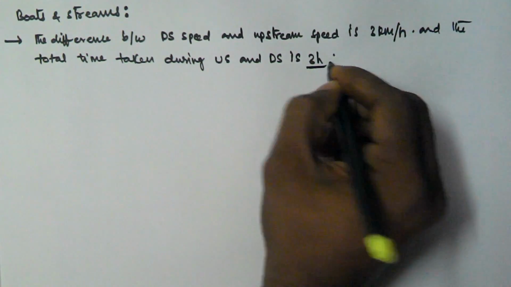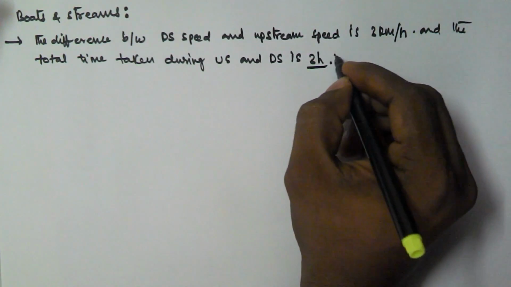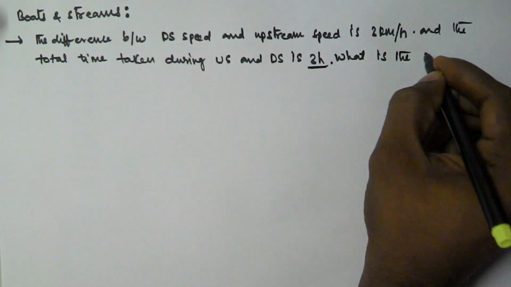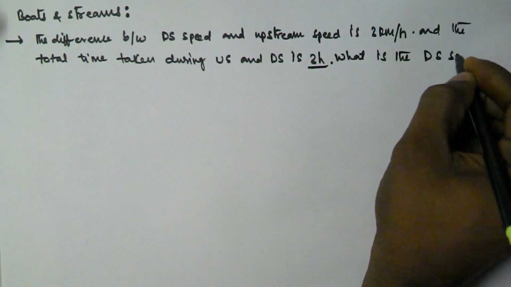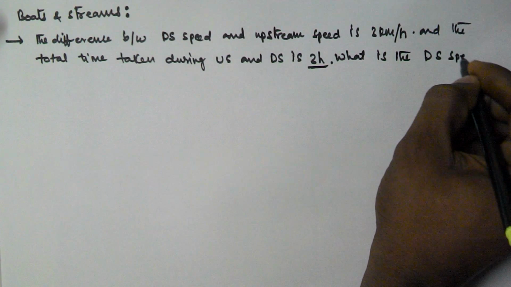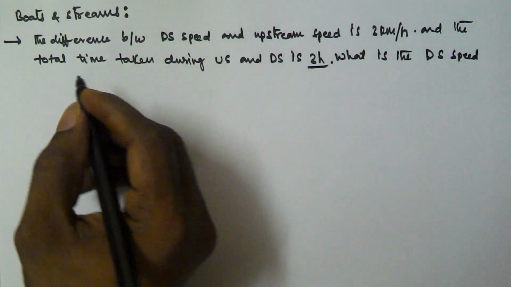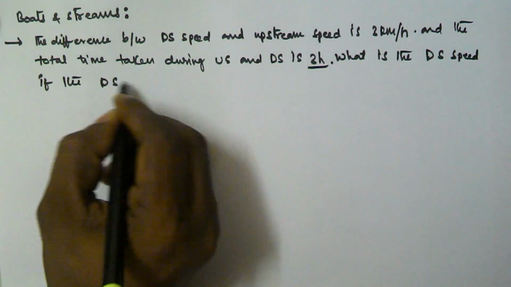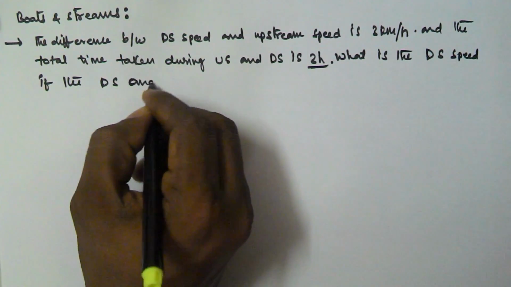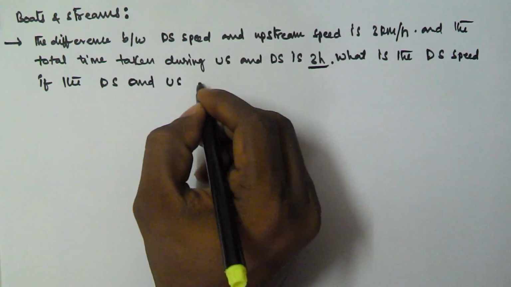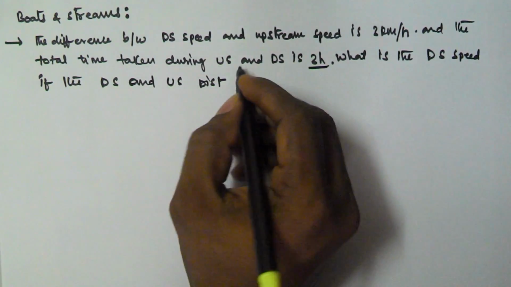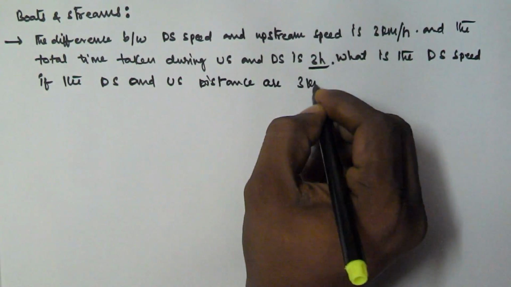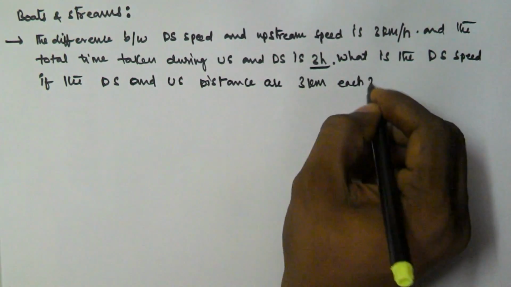So what we have to find is, what is the downstream speed if the downstream and upstream distances are 3 kilometers each? Okay, 3 kilometers each.